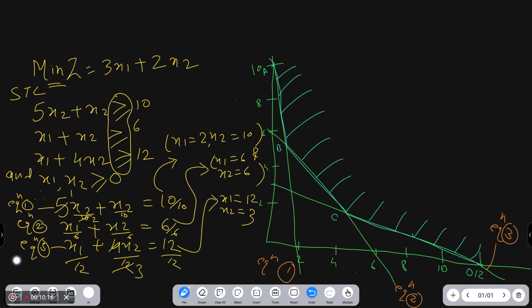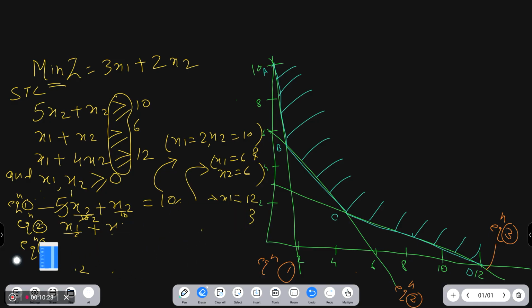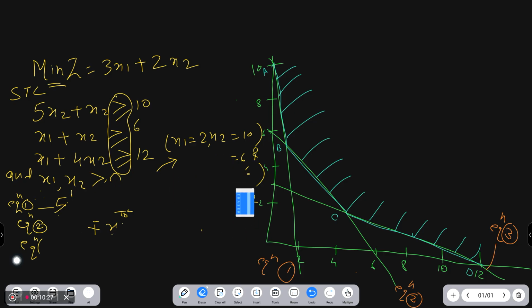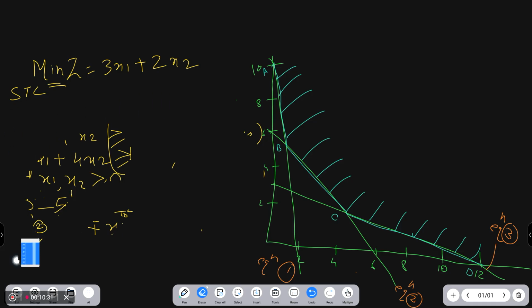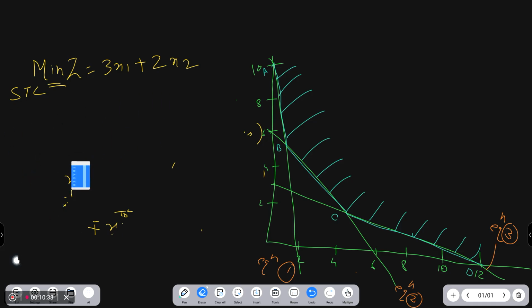Fine. Now after that, you get all the coordinates. If any value is unknown for any particular coordinate, then you have to solve the respective equations using simultaneous equations, right?